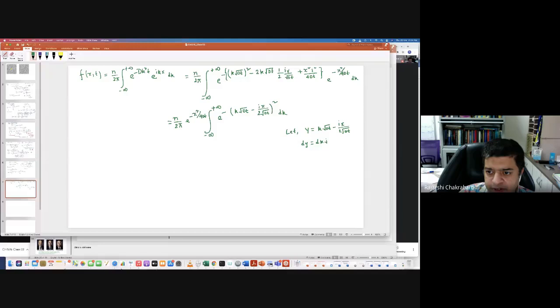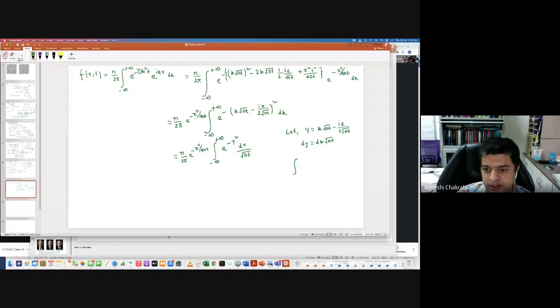And since the integral is from minus to plus infinity, it does not matter the integration limit. Although I'm cheating a little bit here, but anyway, take it for granted. It is exponential of minus y square, dk is dy divided by root over dt.